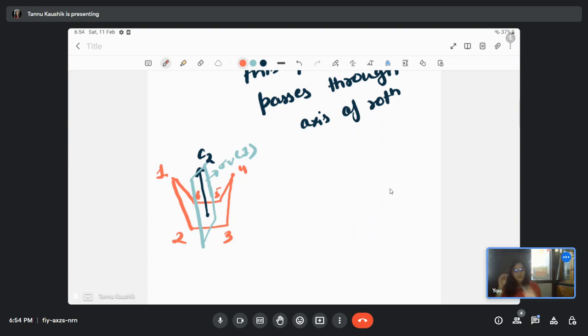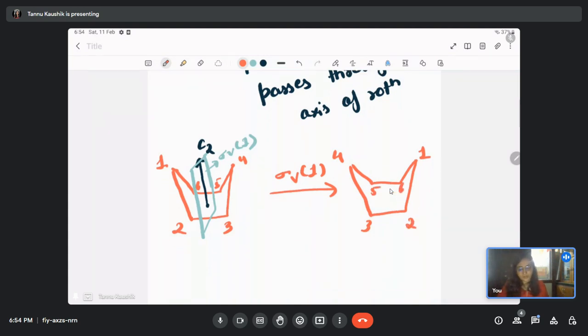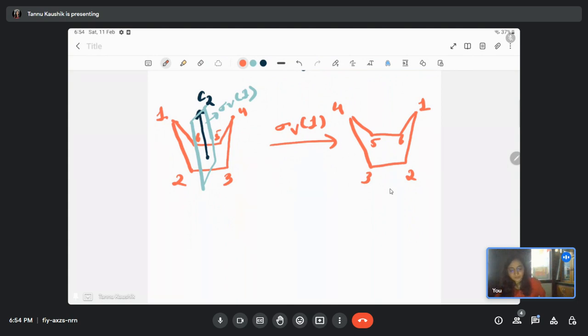So this plane is passing through the center of this molecule. After performing this sigma v1, the configuration we will get is 4, 1, 3, 2, 6, 5.